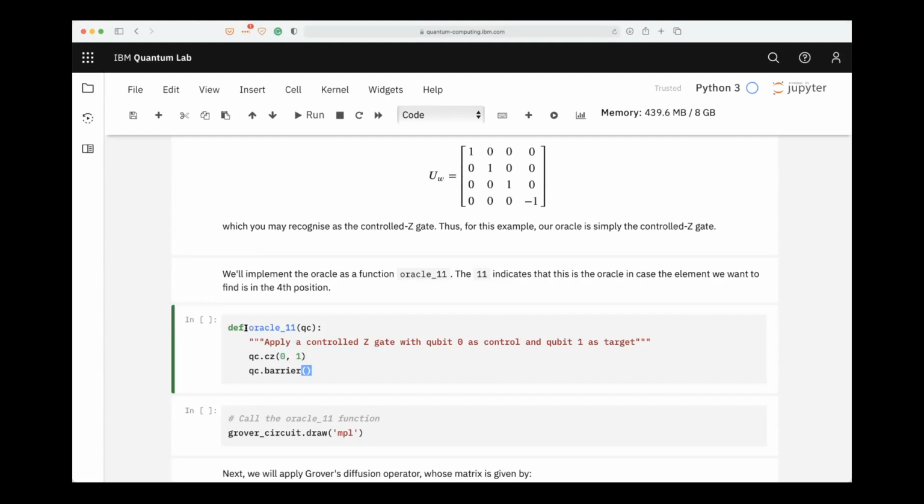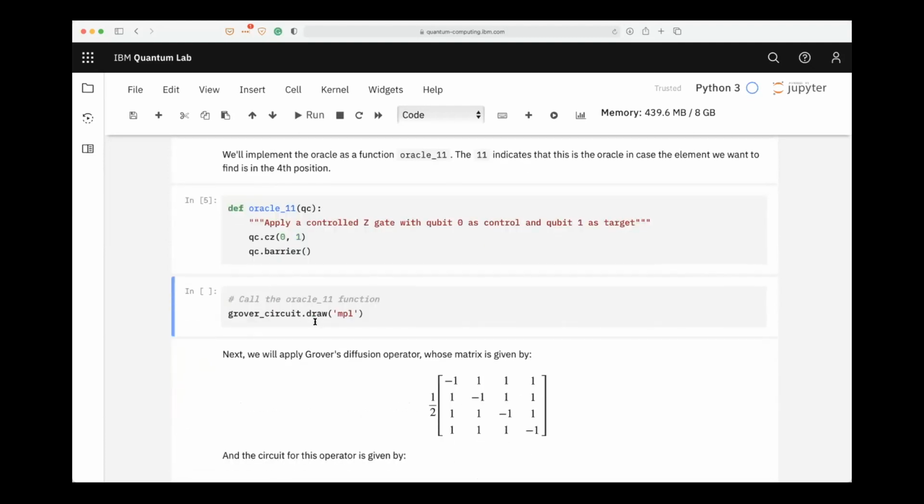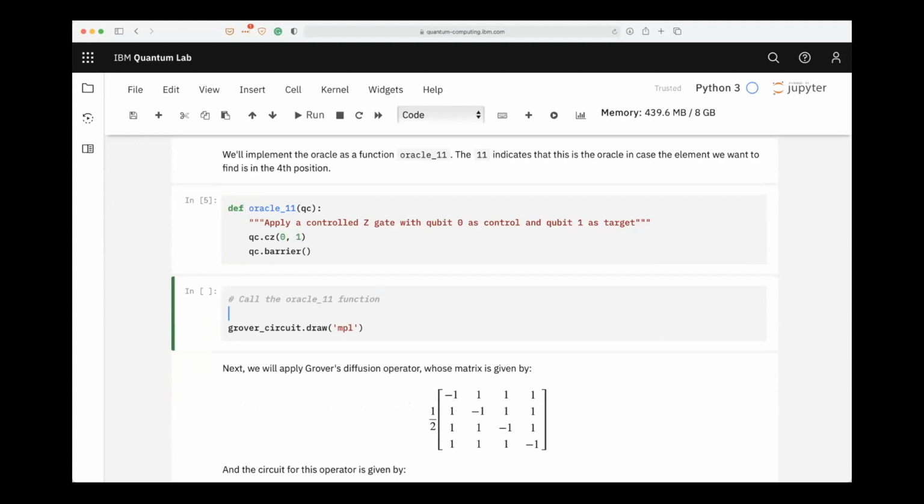Now we're calling this oracle 1-1, by the way, just to indicate that this is going to mark or pick out the 1-1 element. You could likewise define oracles for the 0-0, 1-0, or 0-1 elements using X gates, like I talked about before. So that's pretty straightforward. We will do that and run it. And then again, we want to call the oracle 1-1 function.